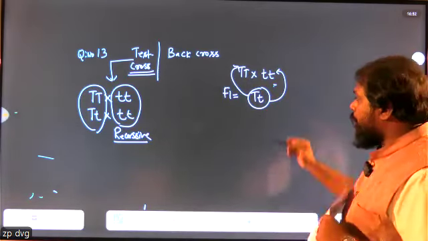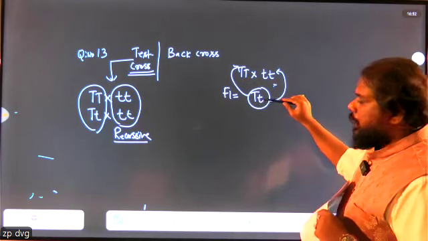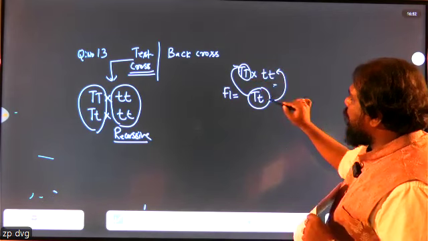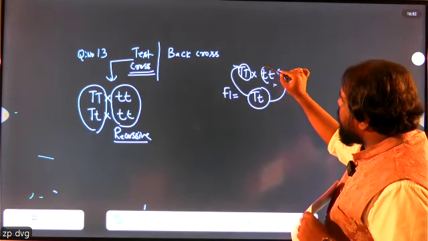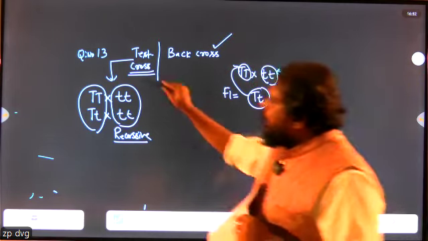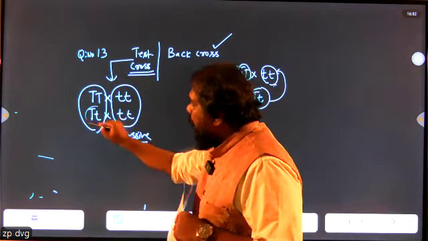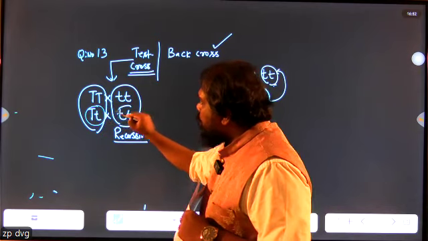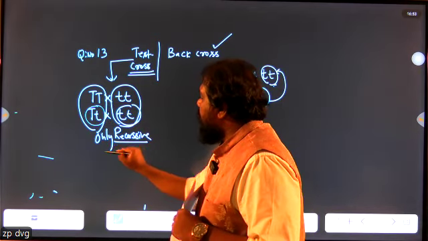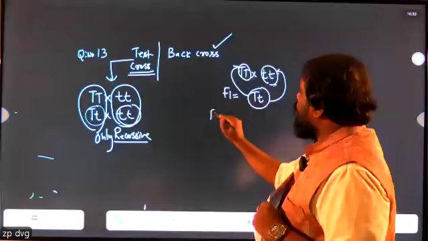F1, that is capital T small t, can be crossed with a dominant individual, or it can be crossed with a recessive individual. This cross is called a back cross. But in the test cross, an unknown individual can be crossed only with the recessive. Only recessive.